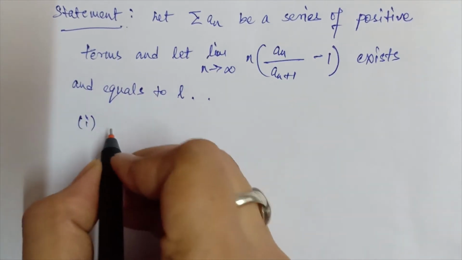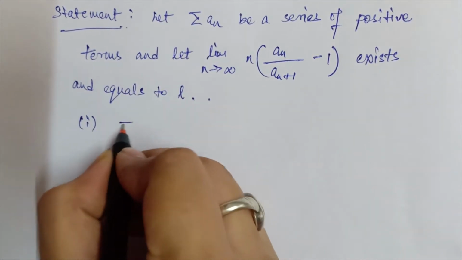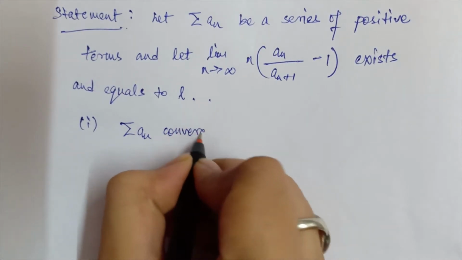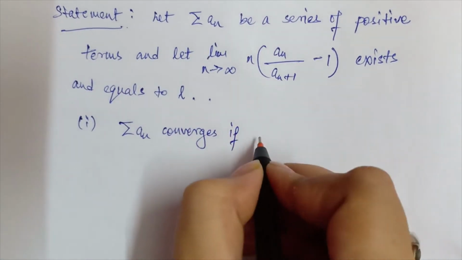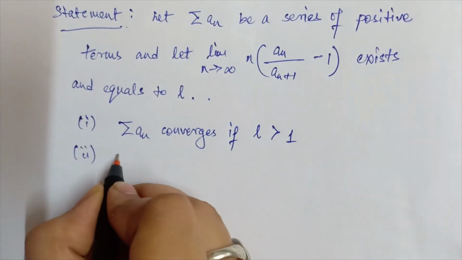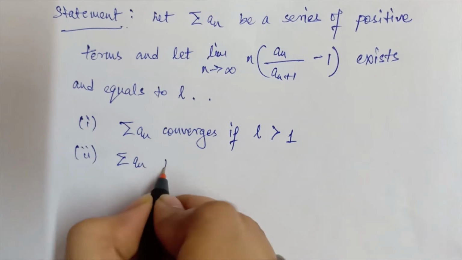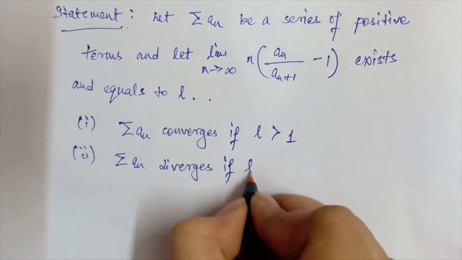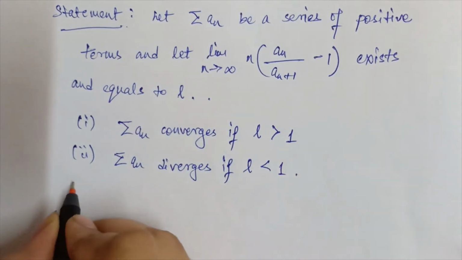The first one is the series an converges if L is greater than 1. Second one is the series an diverges if L is less than 1.